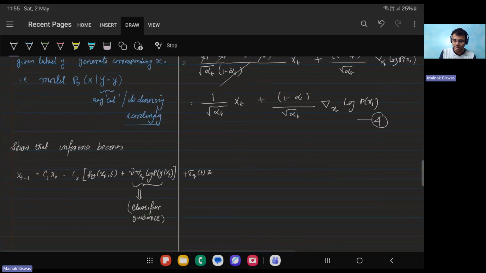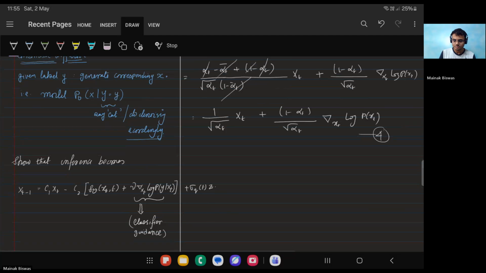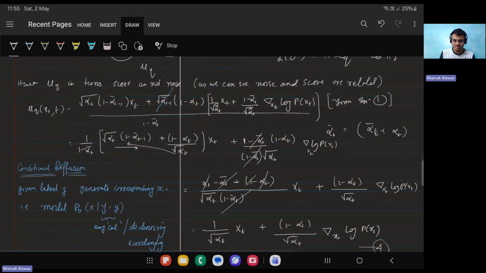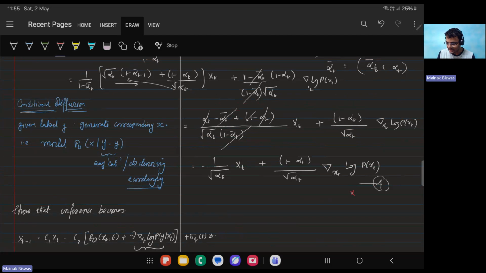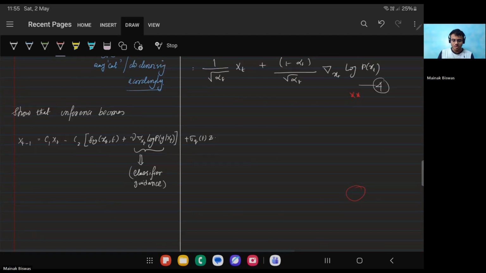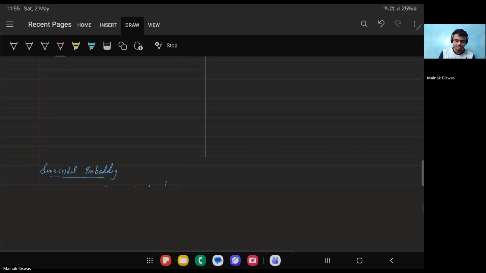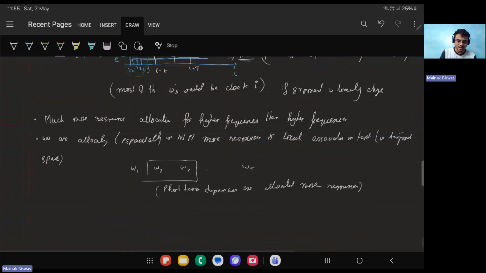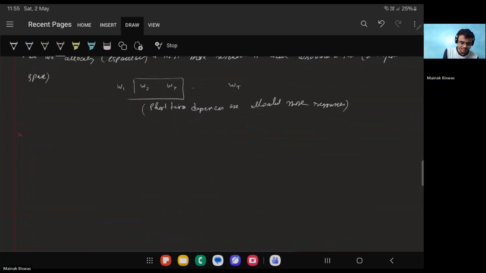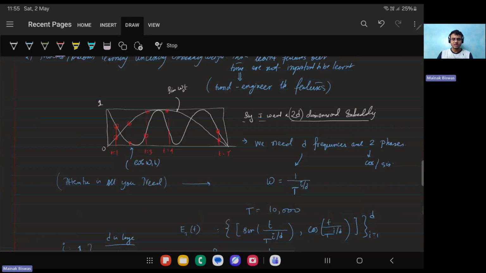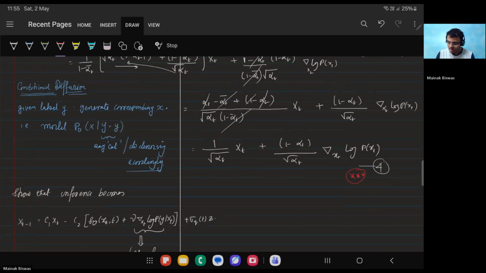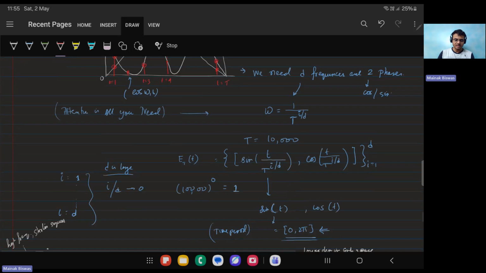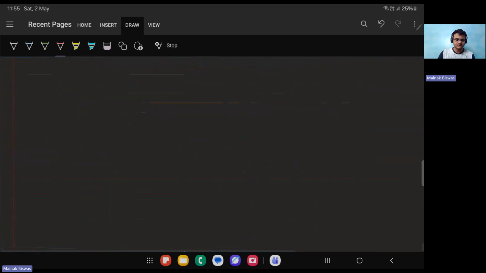I'll just come to conditional generation a bit later. So I'll just put some stars over here and I'll write it at the end. Just write this down over here. 3 stars. Okay, so what can you write this as?